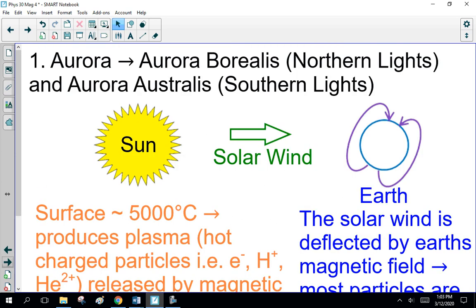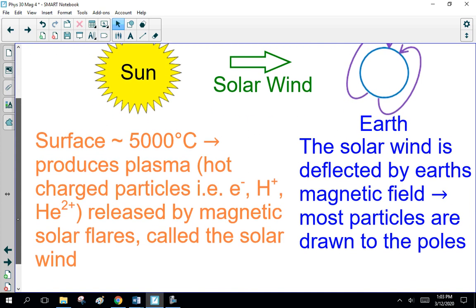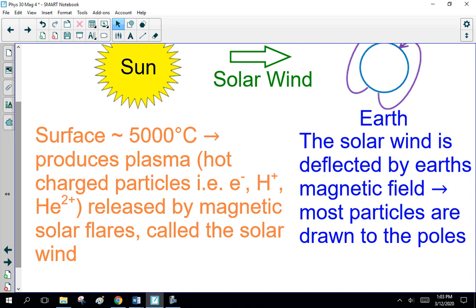Now, applications. First one, the aurora borealis or northern lights, and aurora australis or southern lights. You've got the sun, solar wind, and Earth. Now, the surface of the sun is about 5,000 degrees Celsius, produces plasma, hot charged particles, hydrogen ions, helium ions, electrons, and so on, released by magnetic solar flares called the solar wind.